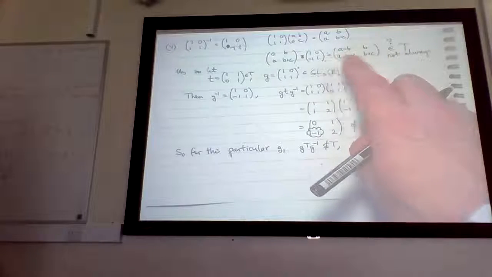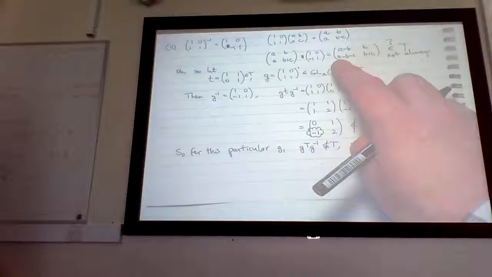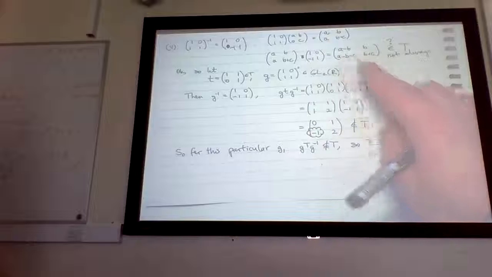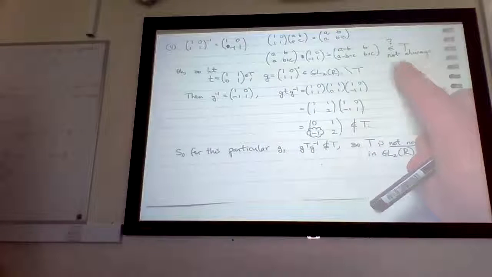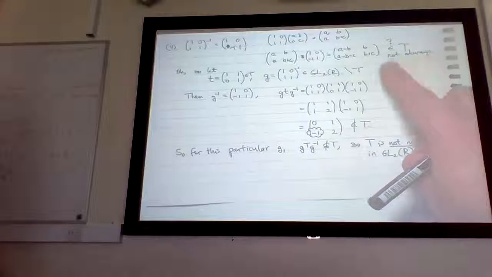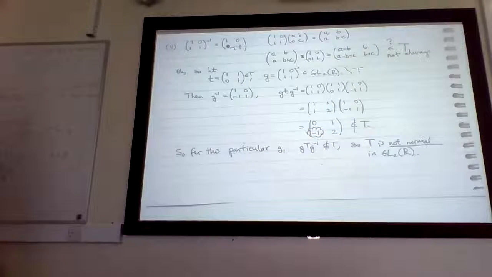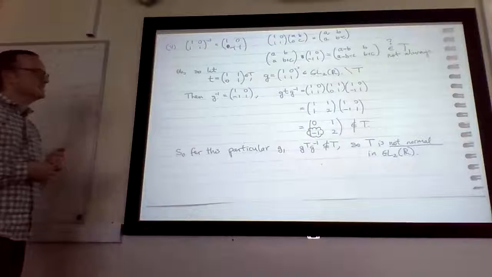If you had A equals 2 with B and C equal to 1, then you wouldn't need to. So there are some bad choices of little t. But actually, most of the time the answer to that question is probably yes, but just not B equals 0, A and C both being 1s.